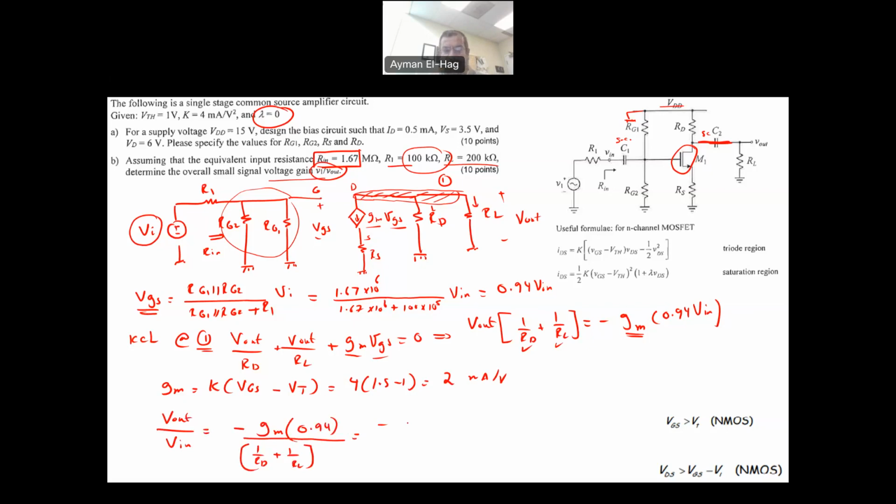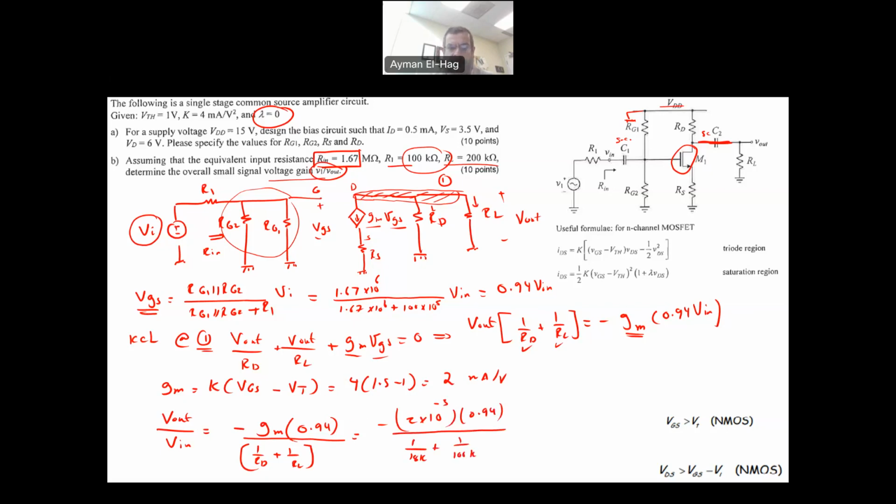So GM is equal to 2 times 10 to the minus 3, times 0.94, divided by 1 over RD, which is the resistance RD given to us as 18 kilo ohm, plus 1 over RL, 100 kilo ohm.